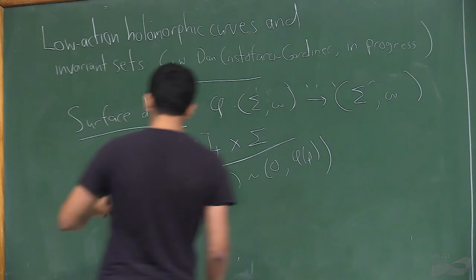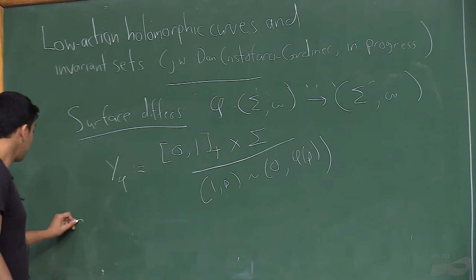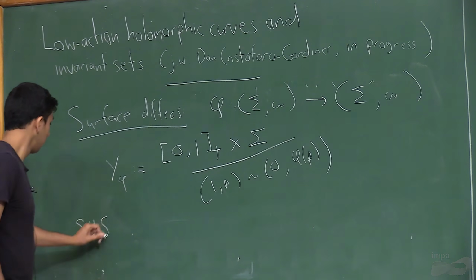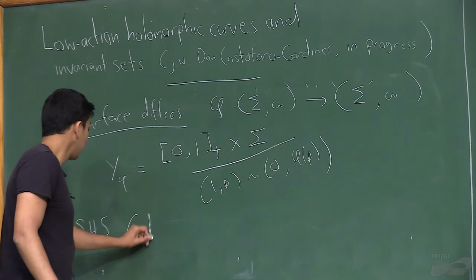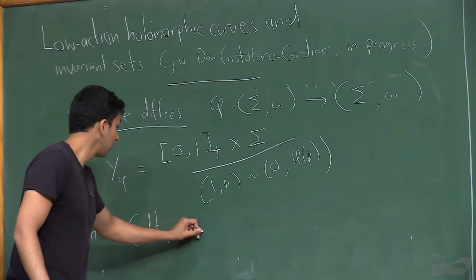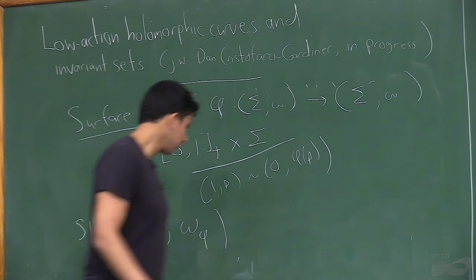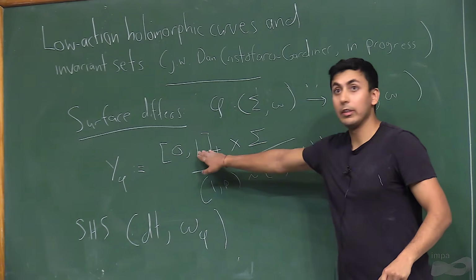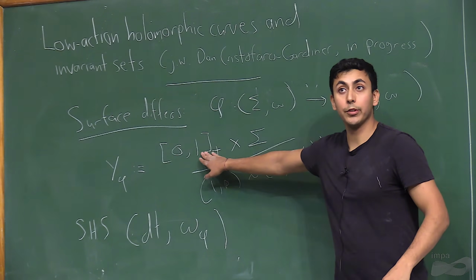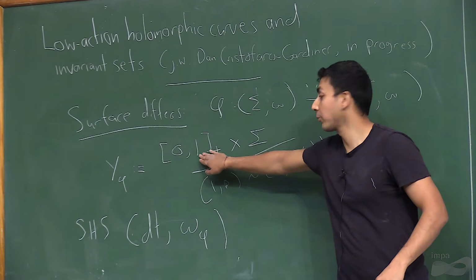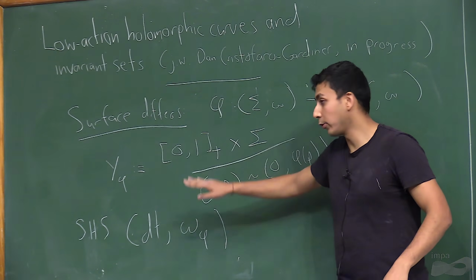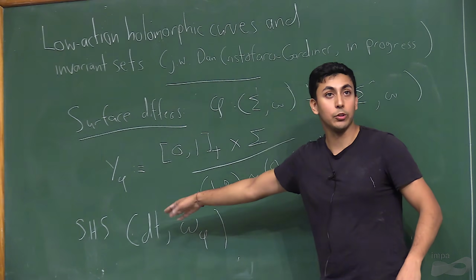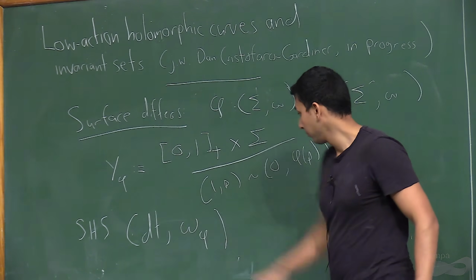And this admits a natural stable Hamiltonian structure, which I'll write as dt, omega sub phi. Just to explain these terms, I'm giving the interval the coordinate t. So you have this exact one-form dt upstairs, and this descends to a closed one-form dt, which I'm also writing as dt downstairs.